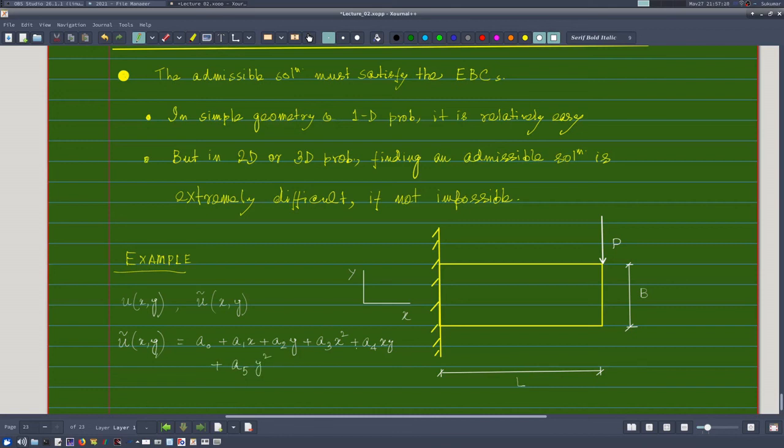So this is a complete quadratic polynomial in x and y.